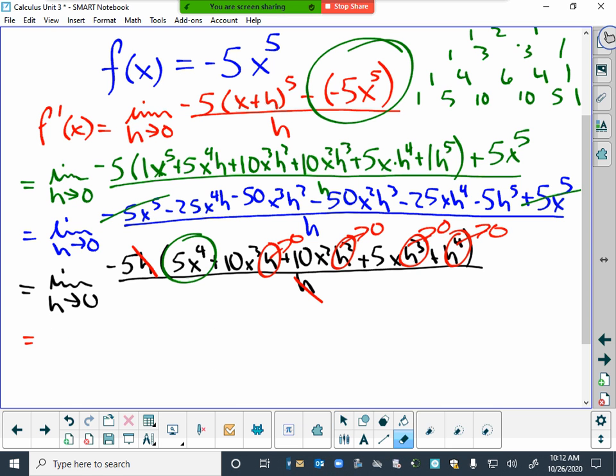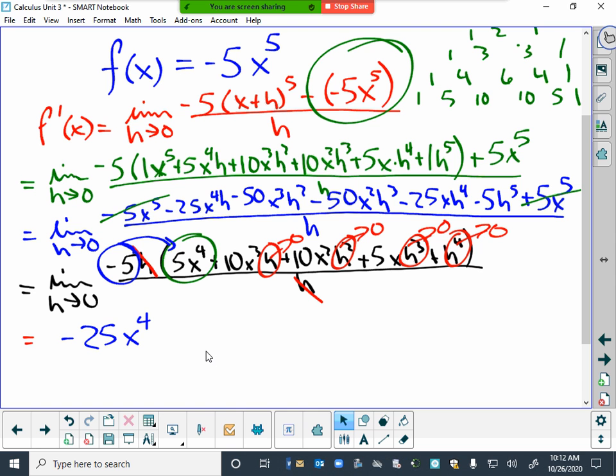Okay. So I forgot about this negative 5 that is still out there as well. So that negative 5 times that 5 gives me a negative 25 x to the fourth. I want to be careful to make sure that I don't lose track of things along the way.